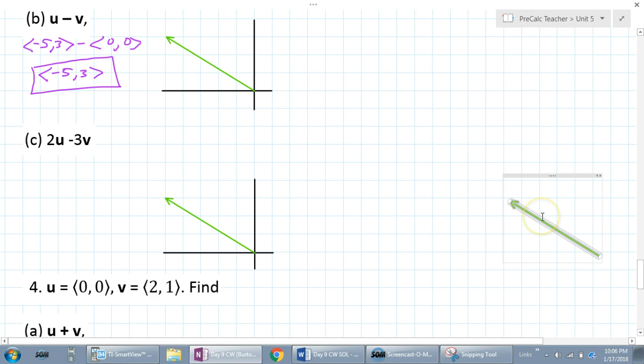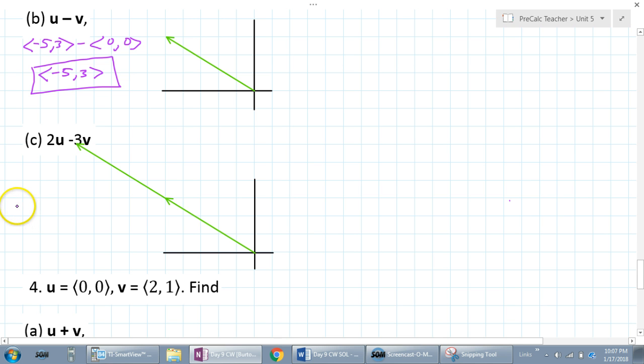Now I've made a duplicate copy, which I can drag, and look, that is what 2u would look like. And then now normally I would graph 3v, but again, because vector v is 0, 0, 3v is still 0, 0. So really this is going to just be my final answer.